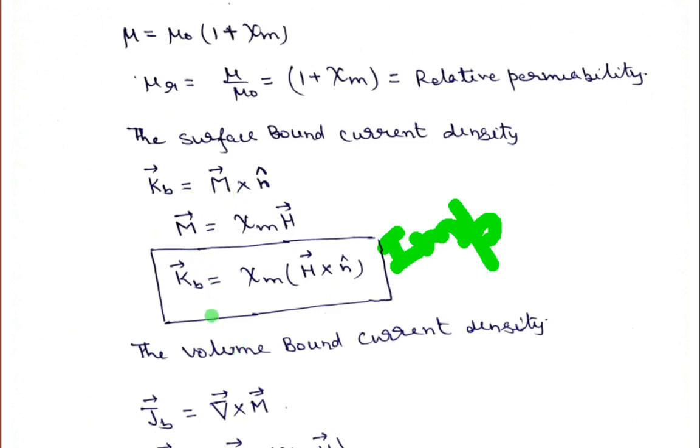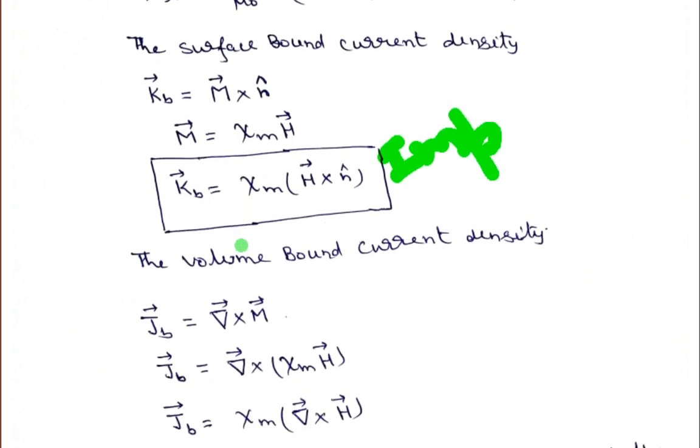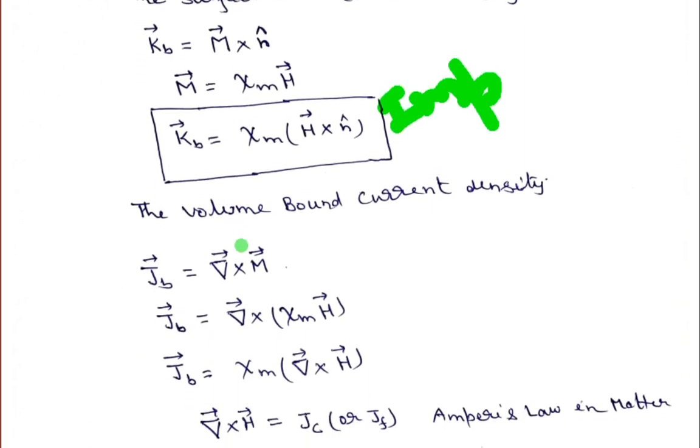Now I have defined the surface bound current density in terms of H vector. Why am I saying this is important? Because here the surface bound current density is defined in terms of H vector only. Remember the difference: in place of M you have H vector, along with chi m, the magnetic susceptibility of that particular medium where we are defining the surface bound current density.